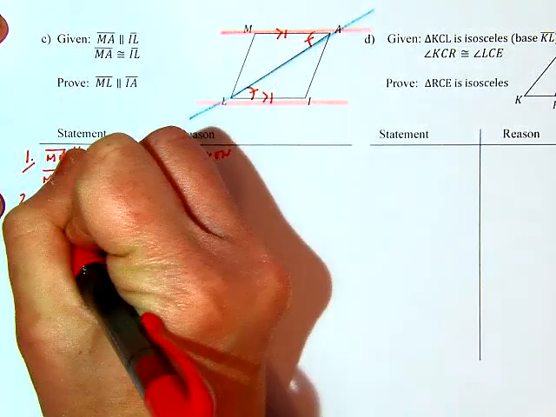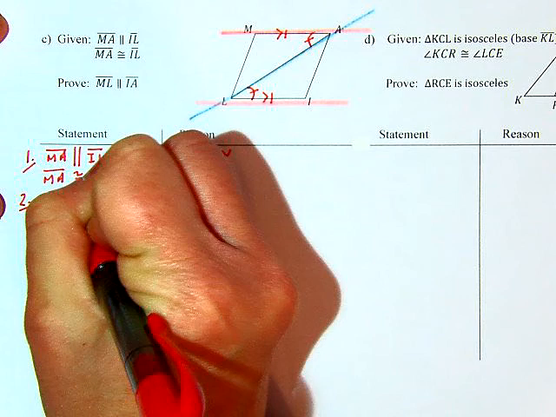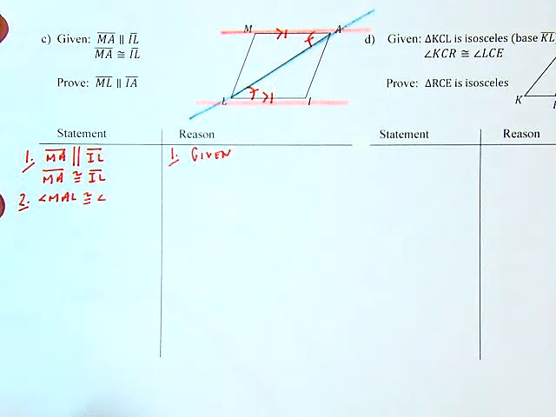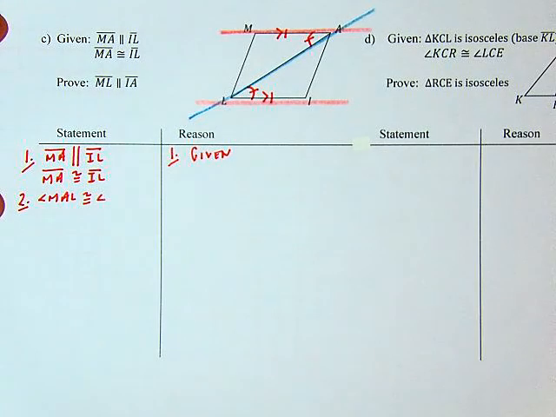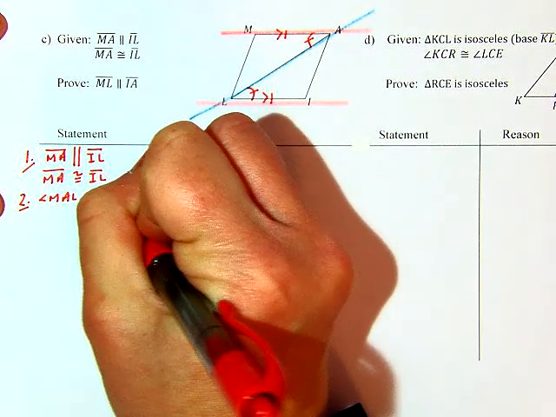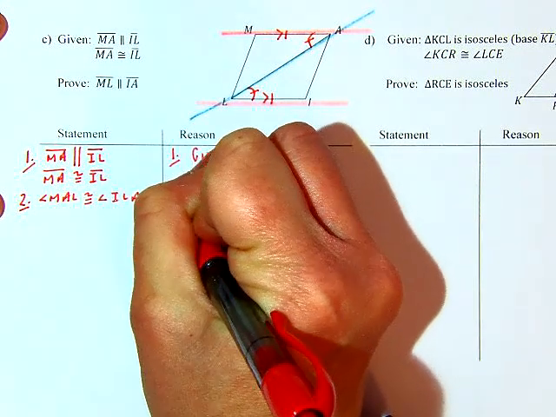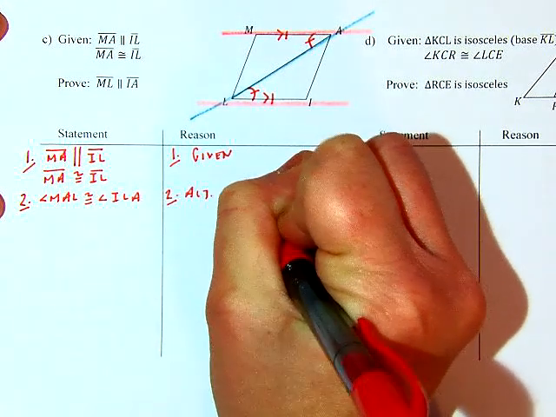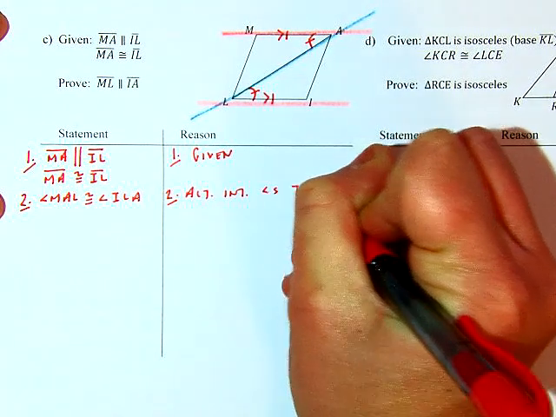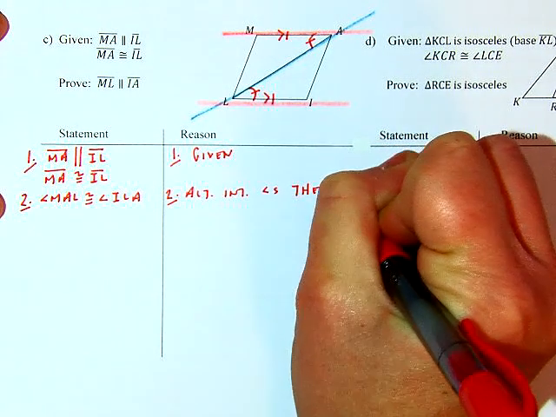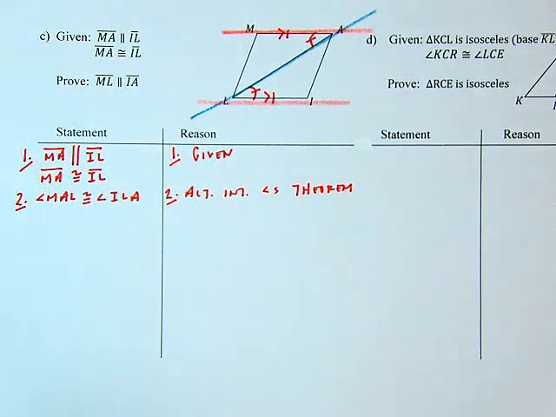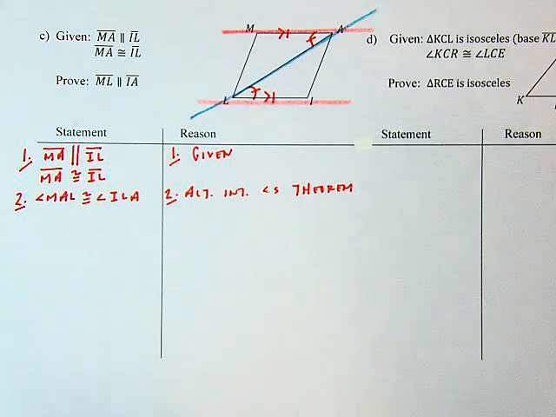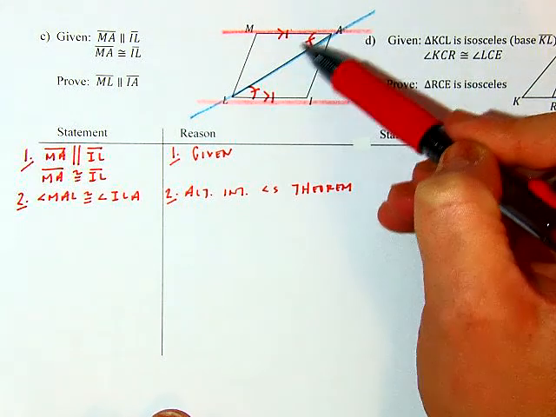So angle MAL connects to ILA. So alternate interior angles theorem. All right, so I have one pair of sides, one pair of angles.